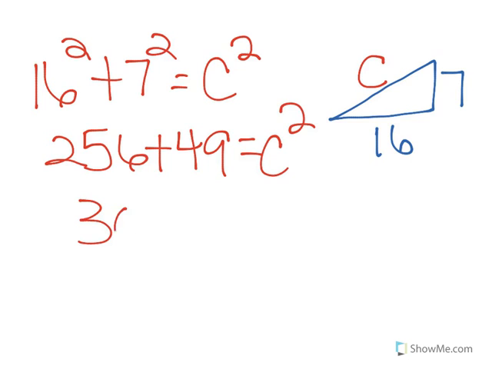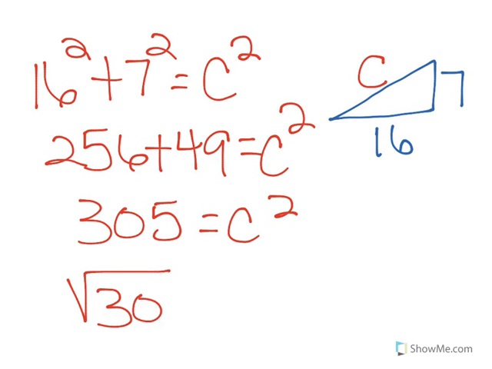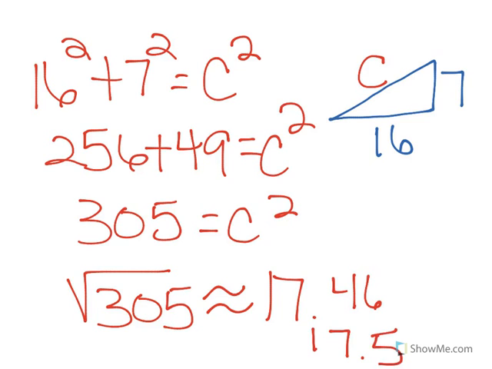This gives us 305 equals c squared. The square root of 305 is approximately 17.46. So let's round that up to 17.5. So our answer would be 17.5.